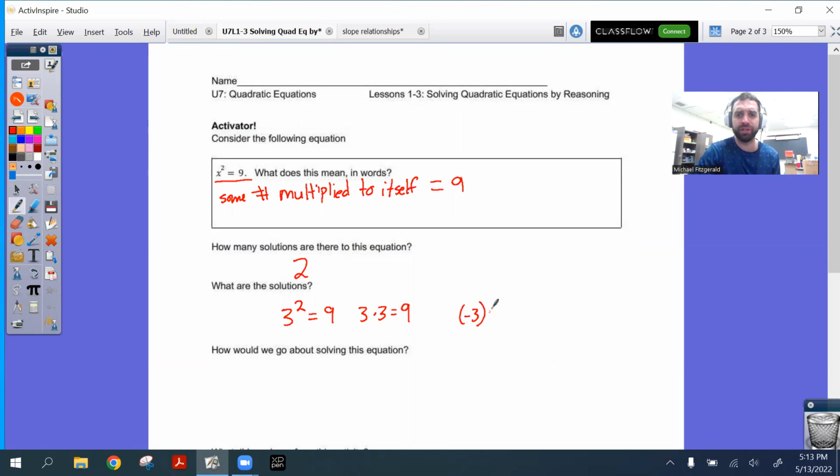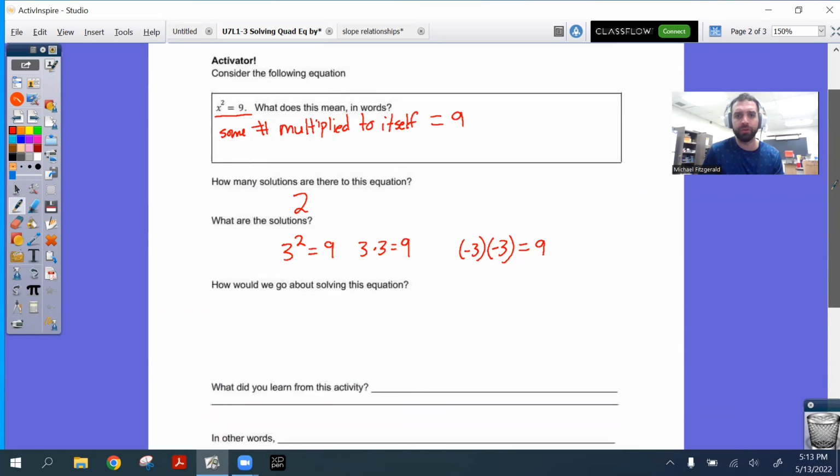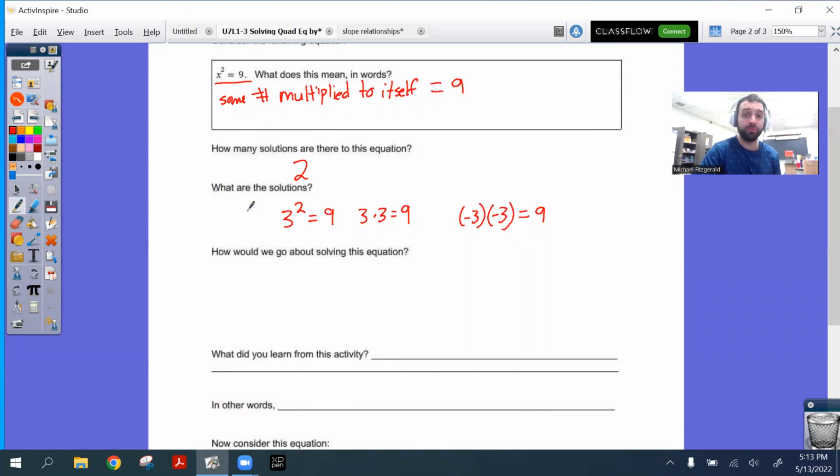If -3 times -3 is also equal to 9, because when we multiply 2 negatives, they cancel. So when we're asked how to solve it, we have to consider both positive and negative possibilities.